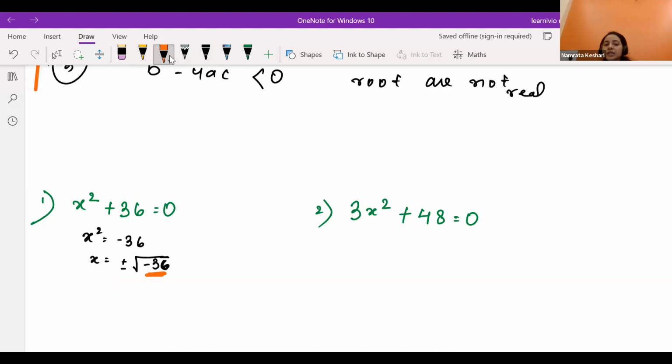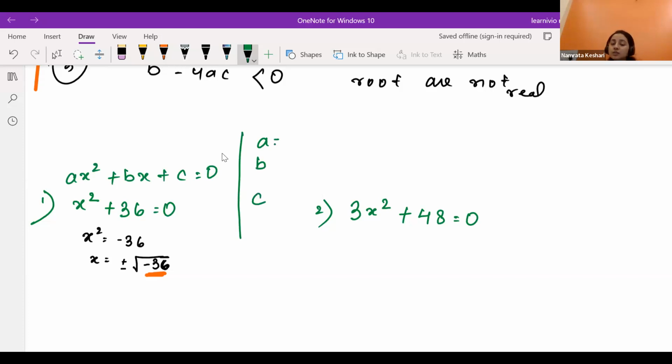If you want to check the nature of the roots using the discriminant, b square minus 4ac, this quadratic equation is in the form ax square plus bx plus c is equal to 0. What is a, what is b, what is c?